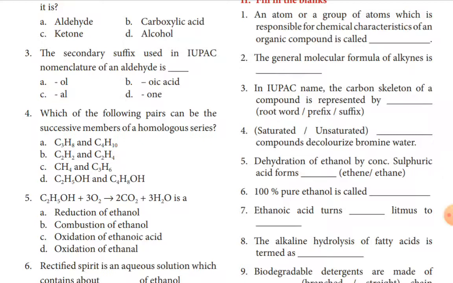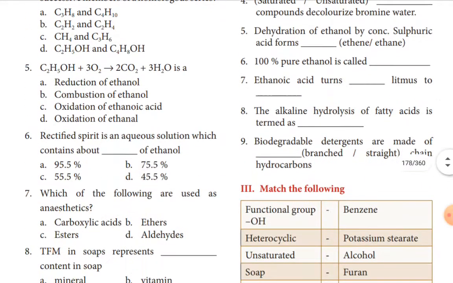Then the fifth one: C2H5OH, that is alcohol, ethanol. Ethanol burns in presence of oxygen and gives carbon dioxide and water. So this process of burning is also called combustion of ethanol. Option B. Then, rectified spirit is an aqueous solution which contains about dash percentage of ethanol.